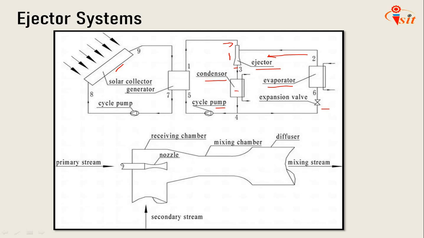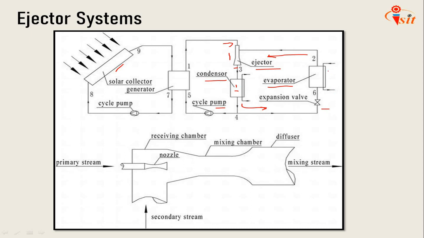The mixed stream discharges from the ejector to the condenser, where the stream is converted into liquid refrigerant by rejection of heat to the surrounding. Some part of the liquid refrigerant is pumped to the generator and the remaining liquid leaves the condenser and enters the evaporator through the expansion valve.